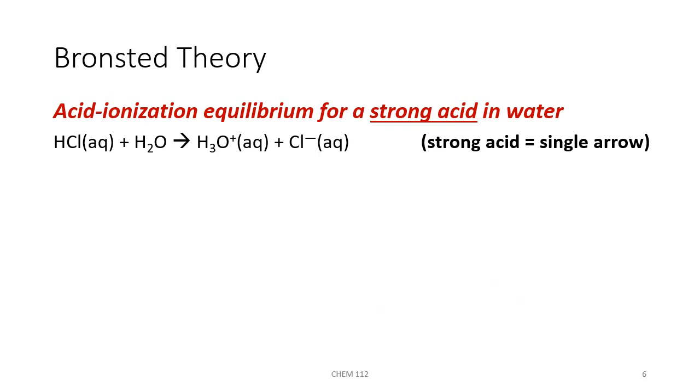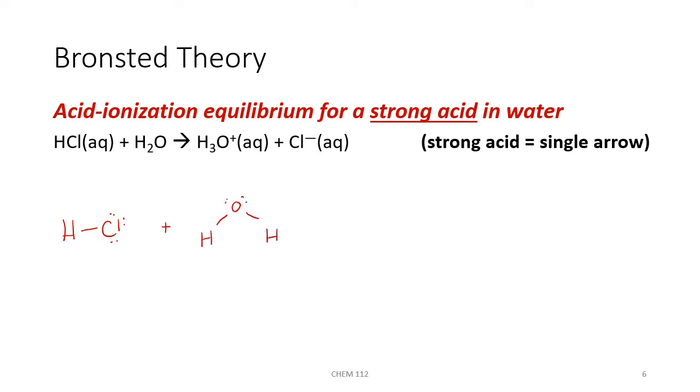Next, we're going to practice showing the transfer of a proton from an acid to the base by using Lewis structures. This is the acid ionization for a strong acid in water. So we have hydrochloric acid, or HCl, and if we draw its Lewis structure, the chlorine has 3 lone pairs of electrons on it, and it's reacting with the water itself.